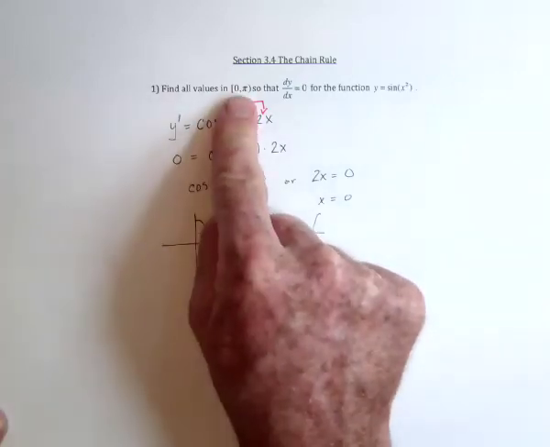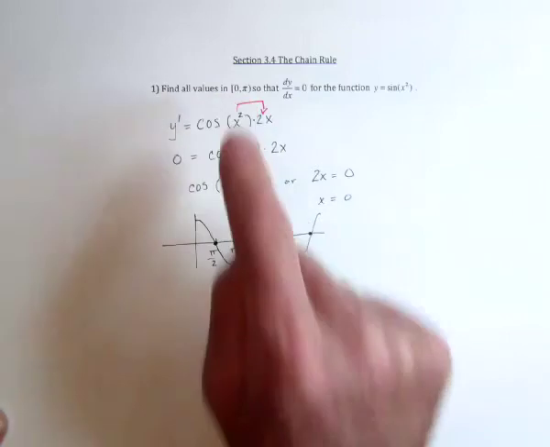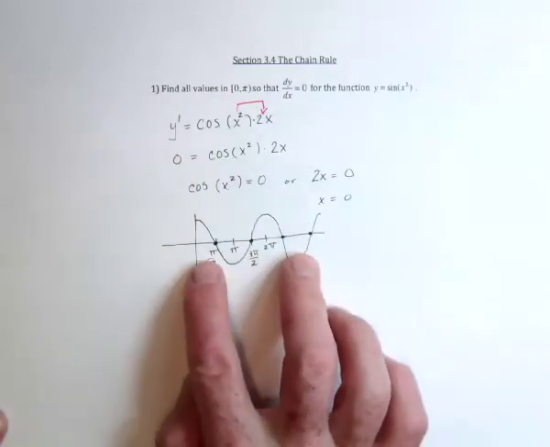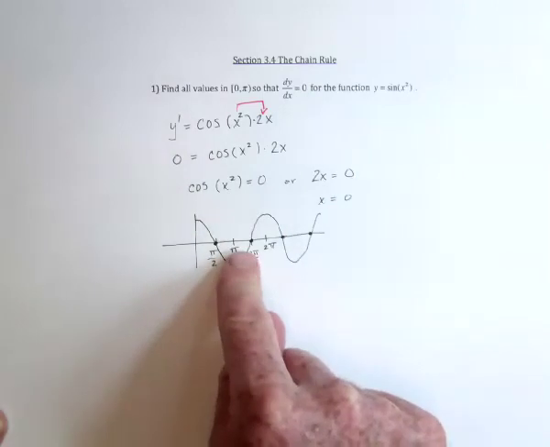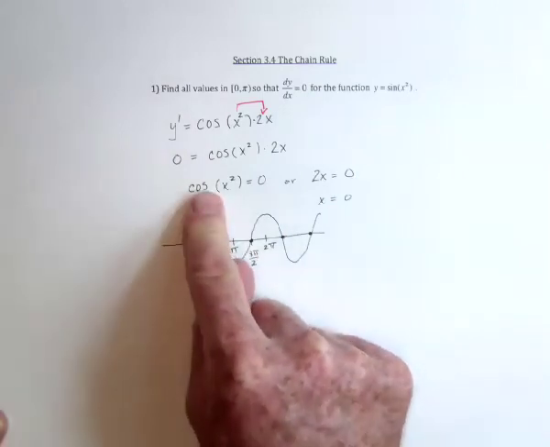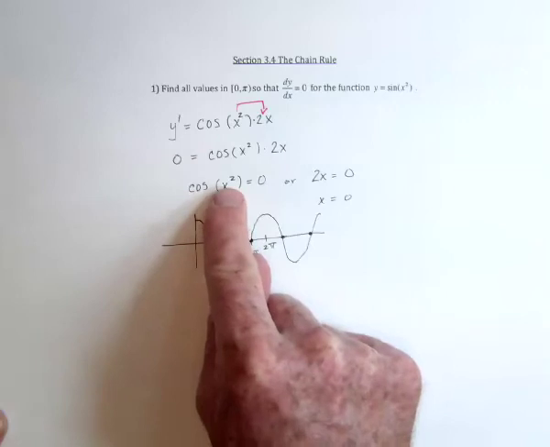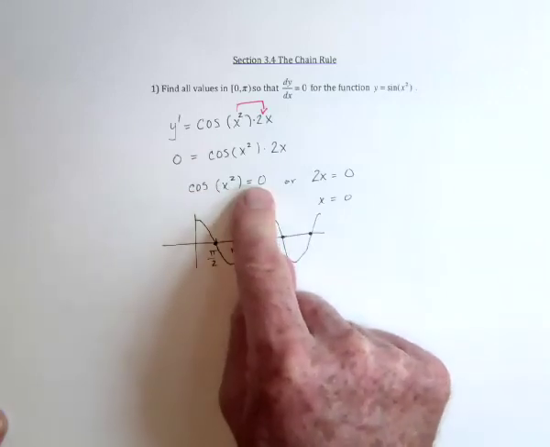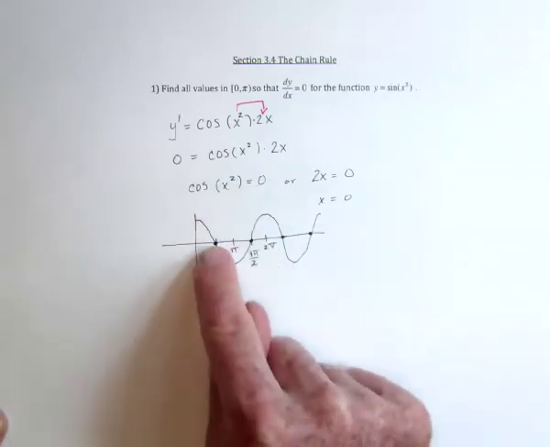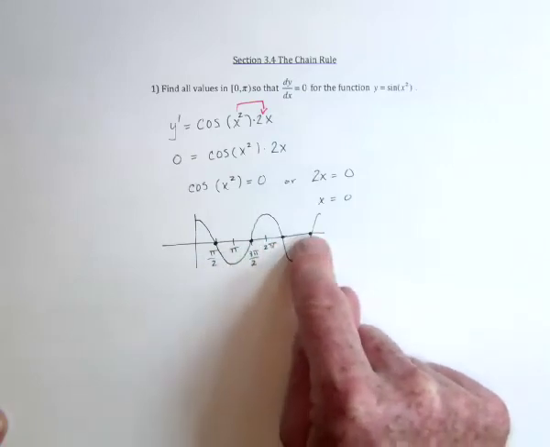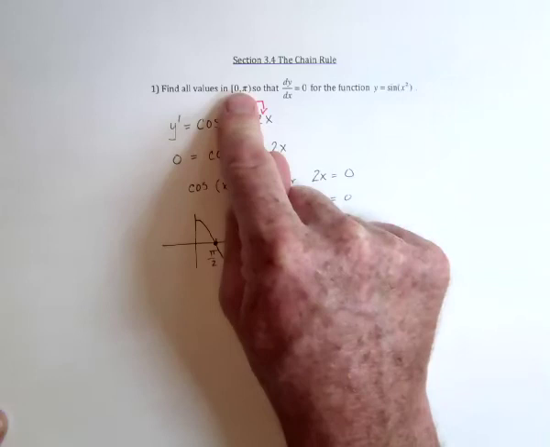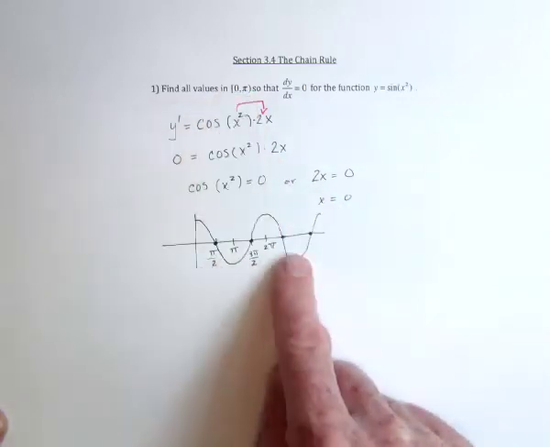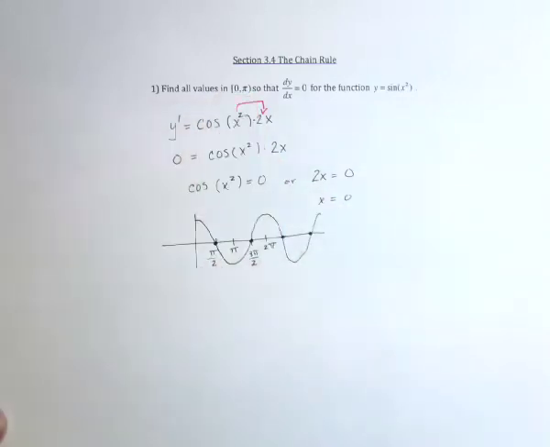This says work with the interval from 0 to pi, and you might think, well, you've already gone past pi, but this part right here is just for this, which says cosine of something equals 0. So I'm just trying to find out, when does cosine equal 0? We then need to take a look at the original function on that interval and see how many solutions we should keep.